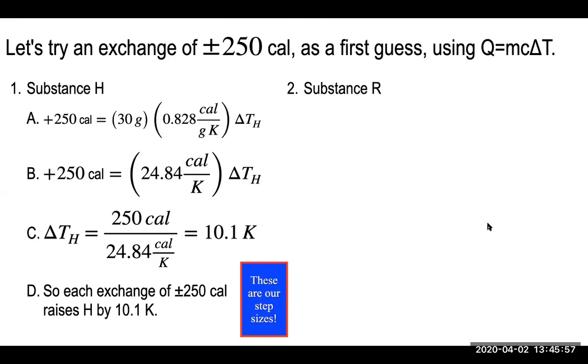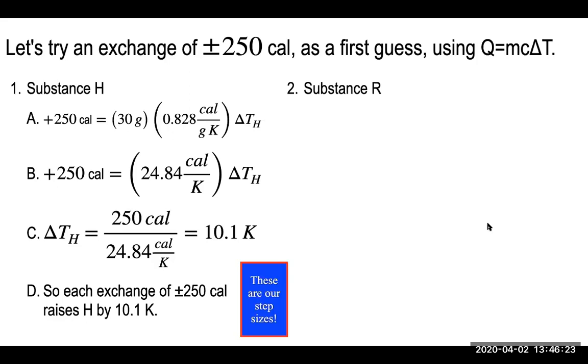Melissa, you asked me where I got 250 calories from. The answer is I just chose it. That exchange quantity, you can make it anything you want, and if your numbers work out well, it'll help you quite nicely. I said, let's try 250 calories.